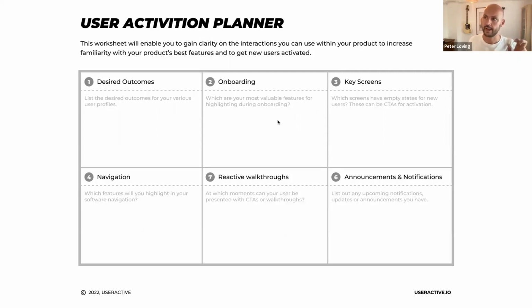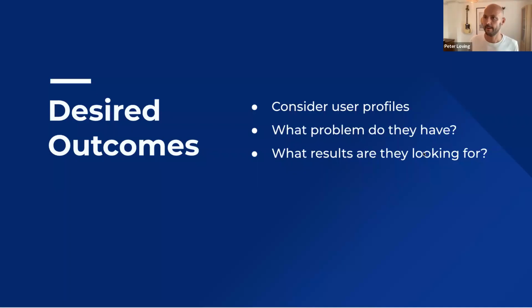We're going to start there, and then we're going to go through this step by step. So we're going to look at onboarding, different screens, navigation, reactive moments where you can interrupt your user, and then announcements and notifications that you can use in your product. So we're going to work through this worksheet as we go, and I'm going to share some pretty simple examples as we go. So desired outcomes.